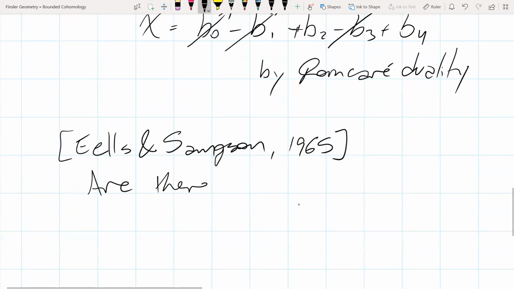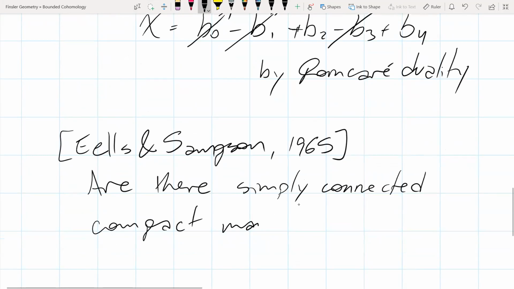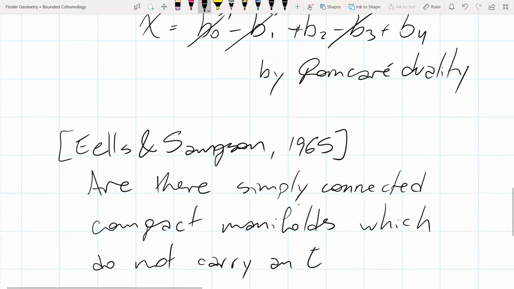What are the simply connected compact manifolds which do not carry an Einstein metric? And this is the question that Hitchin answers in this article.